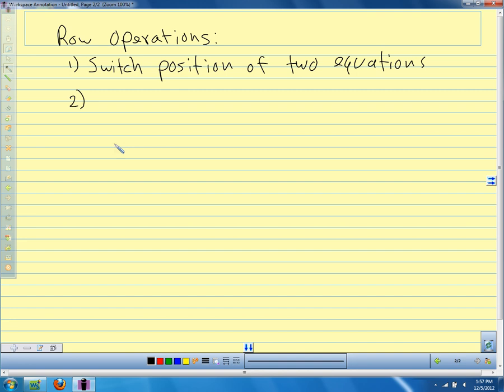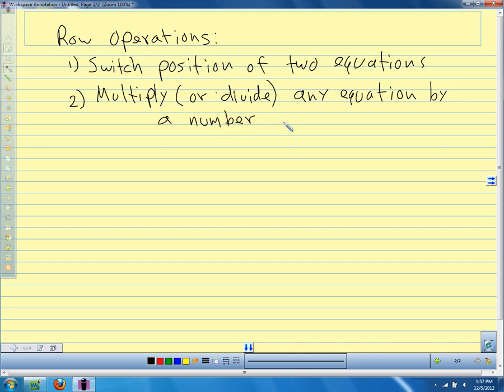The second row operation is multiply, or divide, because division is essentially the same as multiplication. We can multiply or divide any equation by a number, and it can't be 0.